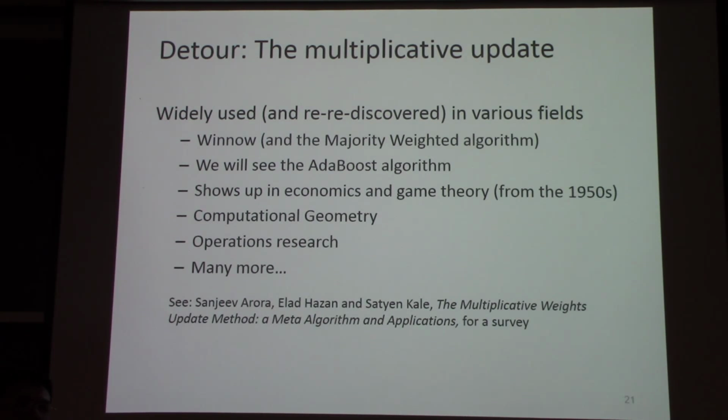So it's important that you remember this, because if we believe history, we eventually forget this algorithm, and you can be the one that rediscovers it. And if you are interested, there's a very cool survey of multiplicative weight update algorithms.